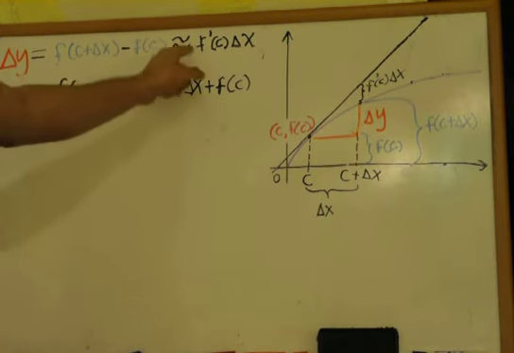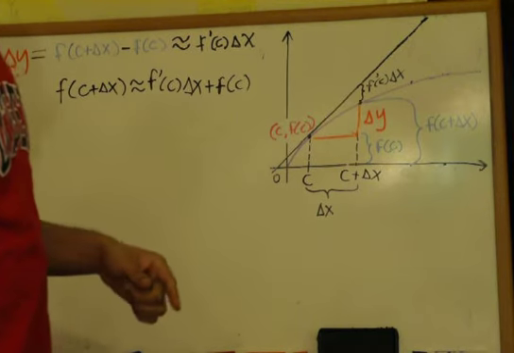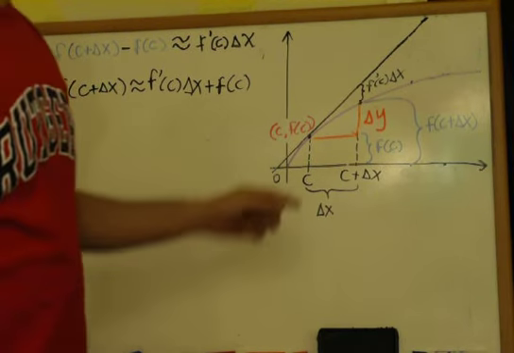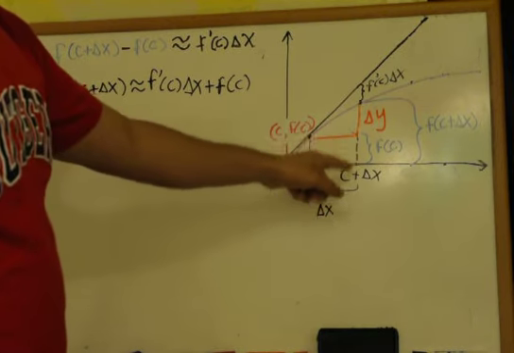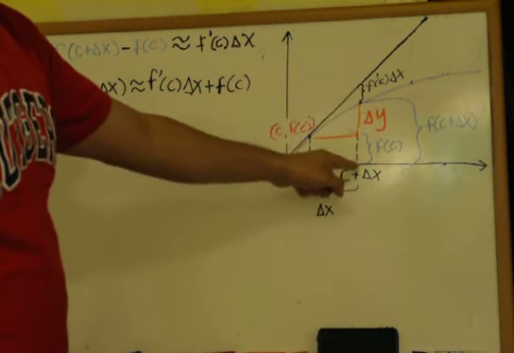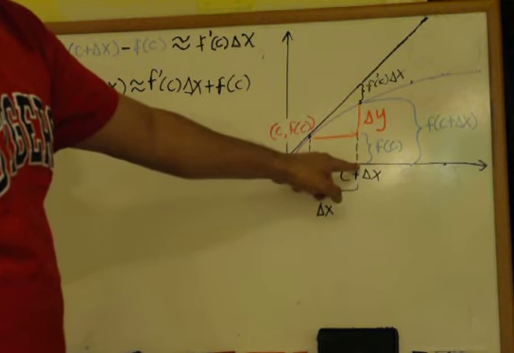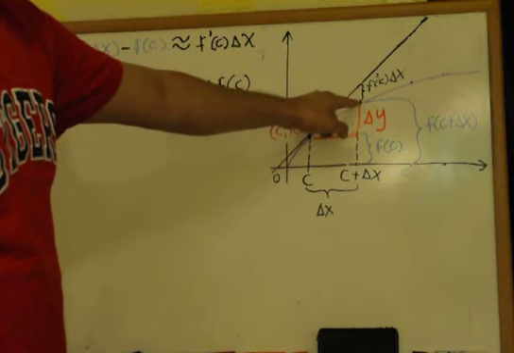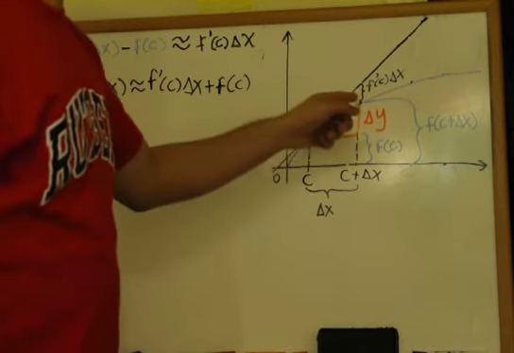Now all of this is approximately equal to f prime of c times delta x. That's what we're actually trying to use as the approximation. In this case, like I said before, we're going to have a value here on the x, and we're trying to find what the y value corresponding to that x value is.